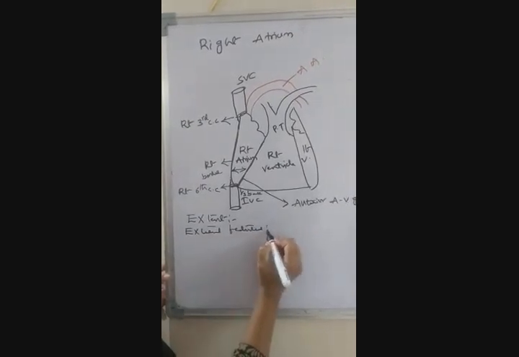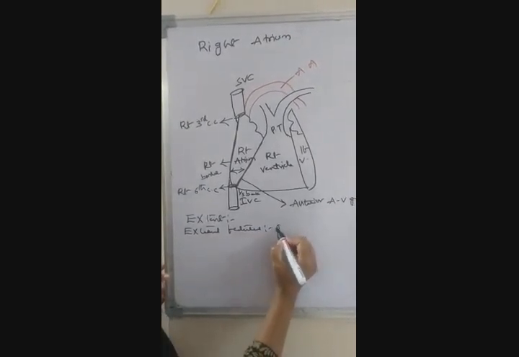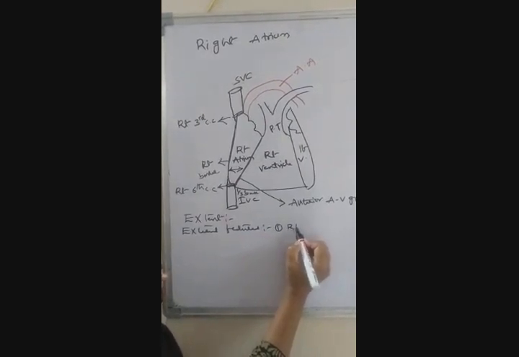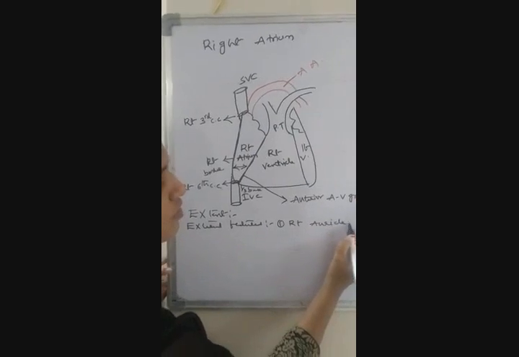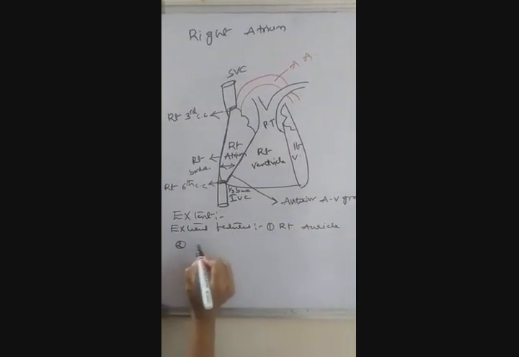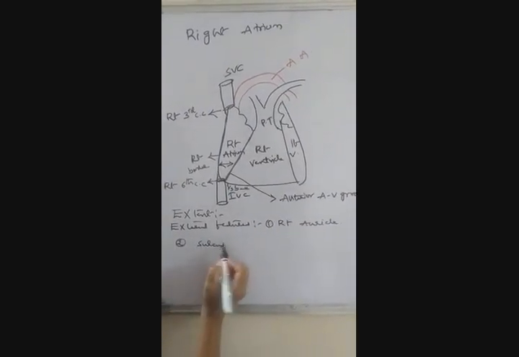Okay, so the external features, the most important things are the right auricle and the sulcus terminalis.